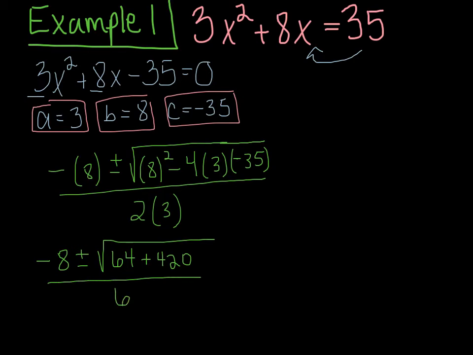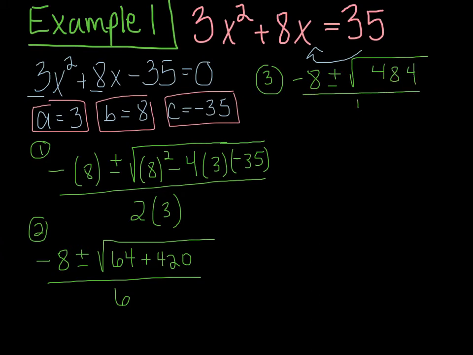So from here, we're going to simplify our radical. That was step 1, step 2, and step 3. So negative 8 plus or minus the square root of 420 plus 64, 484, all over 6. Now step 4, we're going to simplify the square root of 484.